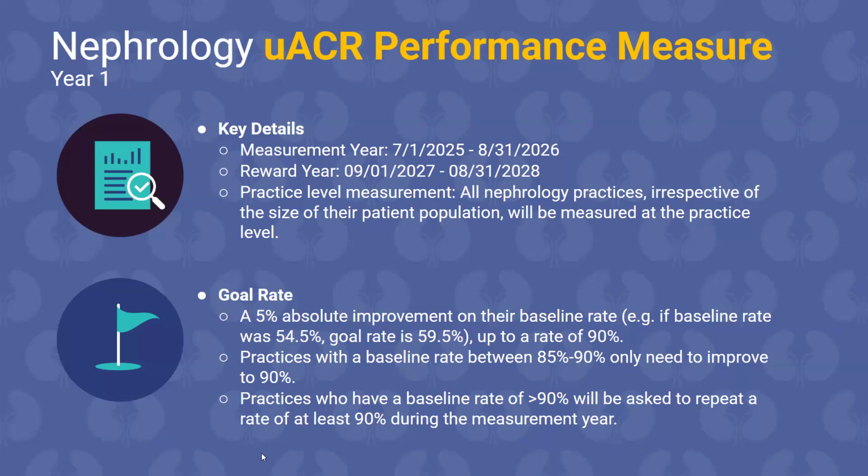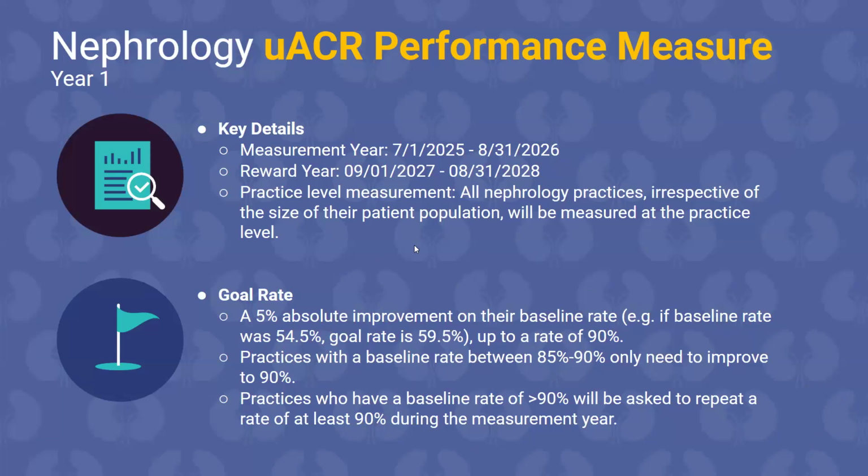So some of the details: the baseline measurement year will be from July of 2025 to August of 2026. This 14-month window was chosen on purpose because not all of us see every patient exactly within 1 year, so we wanted to make sure that there was a window. The reward year will be the subsequent year.